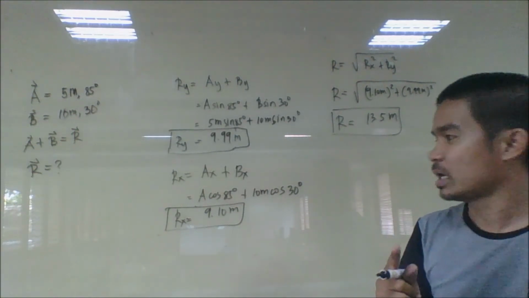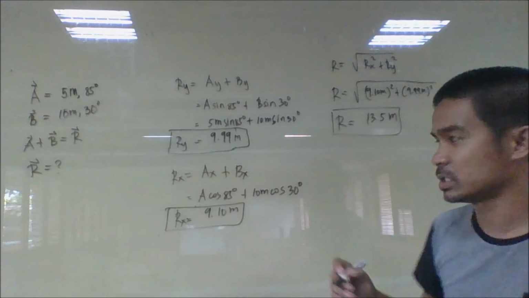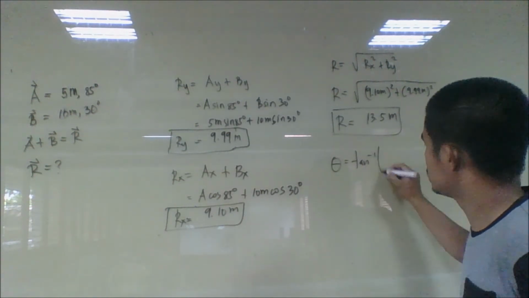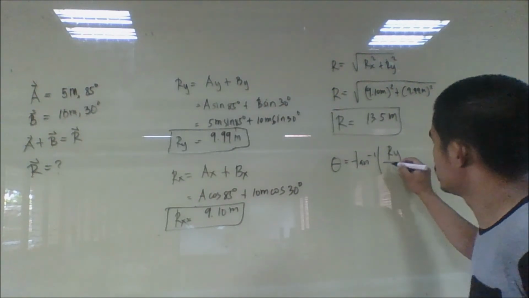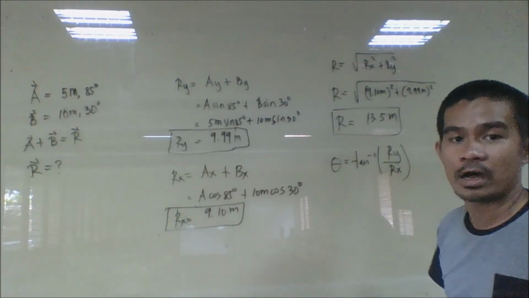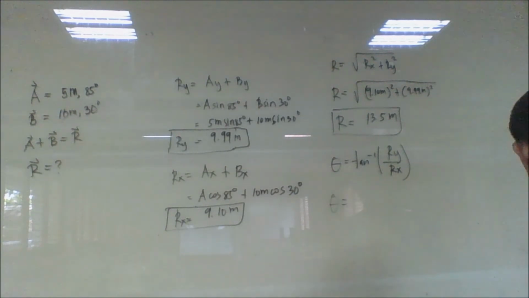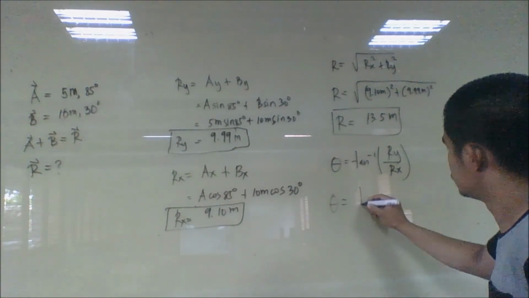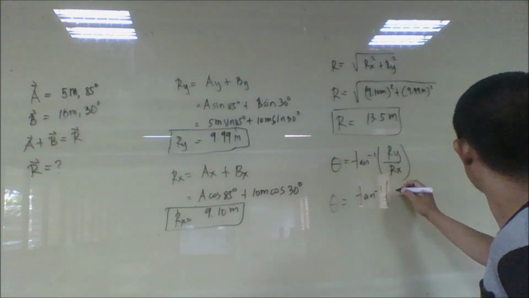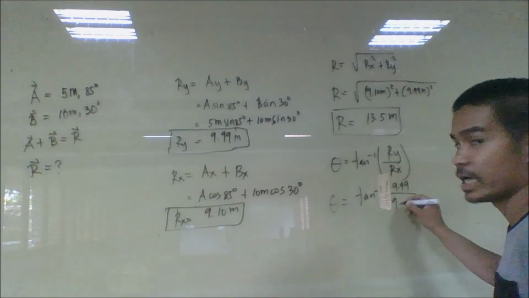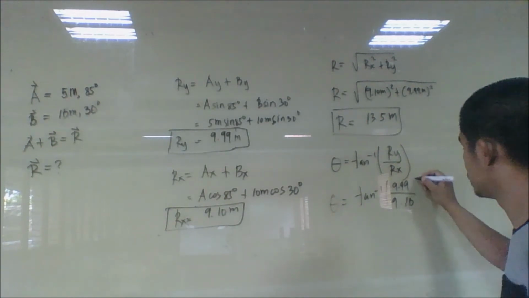How about its direction, which is theta? So again, theta is the inverse tangent of r of y over r of x. So theta here is the inverse tangent of 9.99 over 9.10.